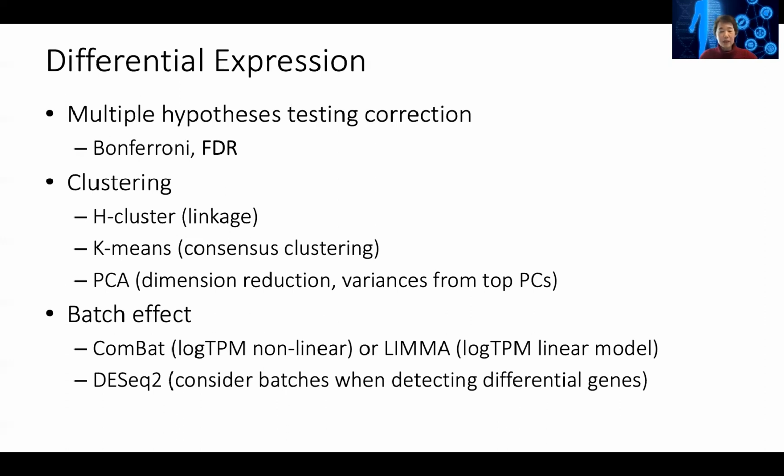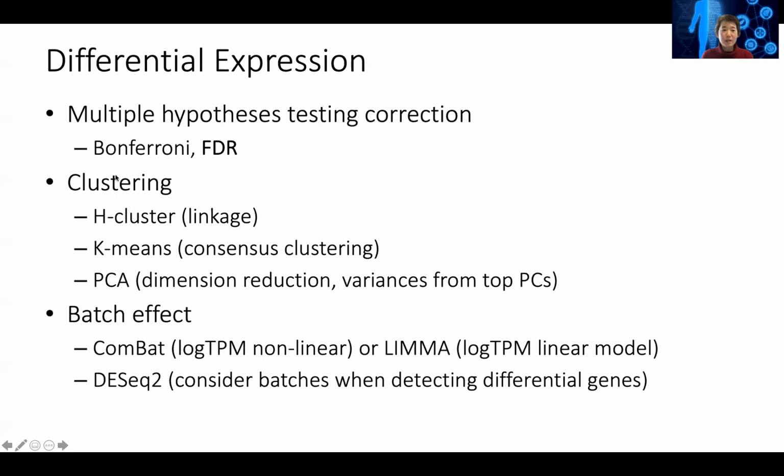If we're evaluating tens of thousands of genes, the chance of us calling something incorrectly would be quite high. And so we want to determine the number of differential genes to report to the user by limiting the total number of mistakes, or the percentage of mistakes that we can afford.